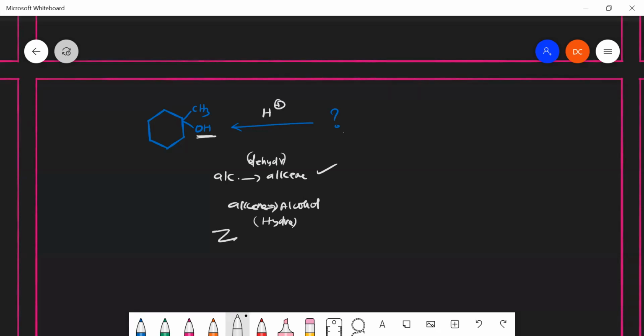If you do dehydration in the presence of acid, what will happen? The oxygen will donate electrons, and I will get a structure like this: O, here CH3, here H, here H, and oxygen gets a positive charge. That is eliminated as a neutral water molecule. Then I get a positive charge on carbon, because oxygen takes over the electrons from the bond.